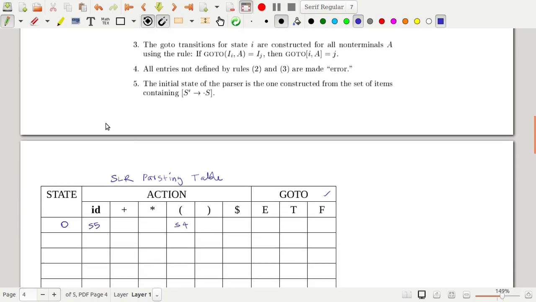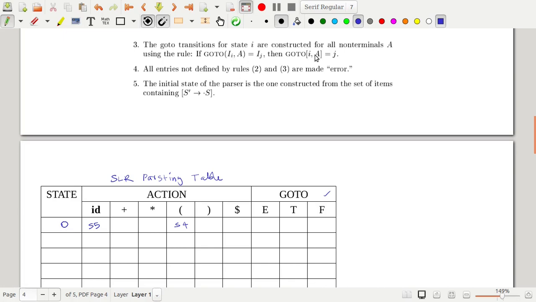For go to, the go to transitions for state I are constructed for all non-terminals A using the rule: if go to of Ii comma A is equal to Ij in our automaton, then go to of i comma A is equal to j. ഇവിടെ ഈ സബ്സ്ക്രിപ്റ്റ് ആണ് നമ്മളിവിടെ കൊടുത്തിട്ടുള്ളത്. ഓക്കെ.